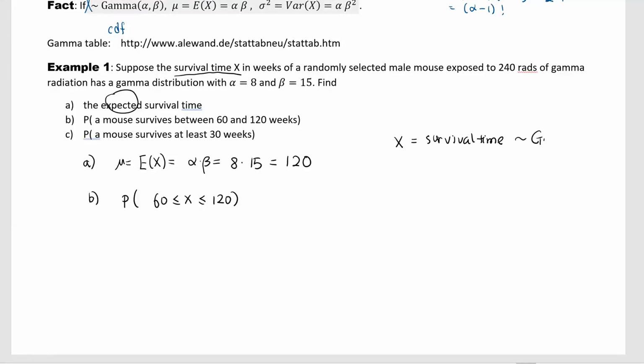So it has the gamma distribution with alpha is 8 and beta is 15.